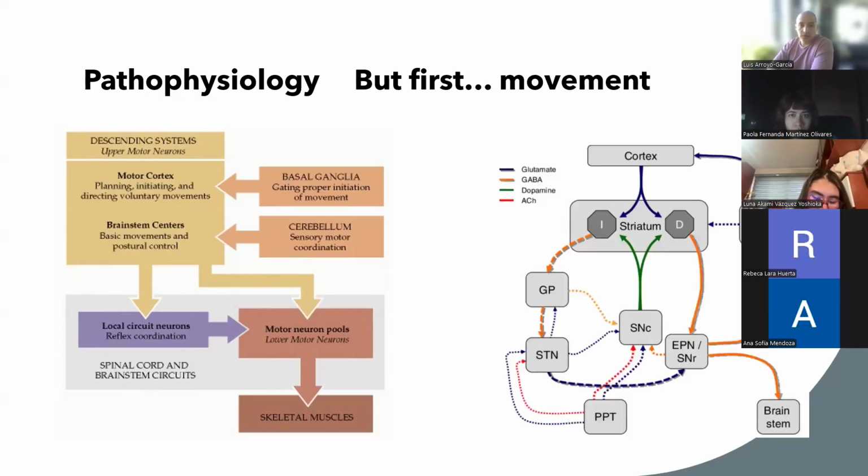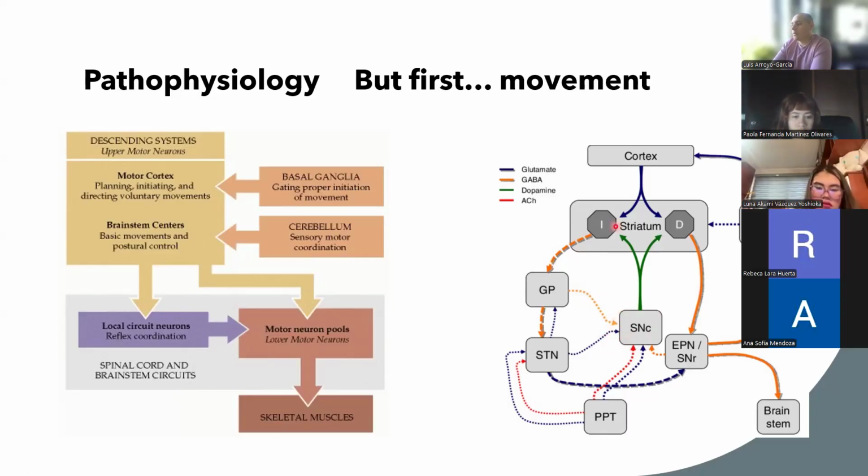Thank you, Ana Sofia. So this is, for example, two of the pathways related to the dopaminergic tract for the movement. Here we have the substantia nigra compacta, okay?